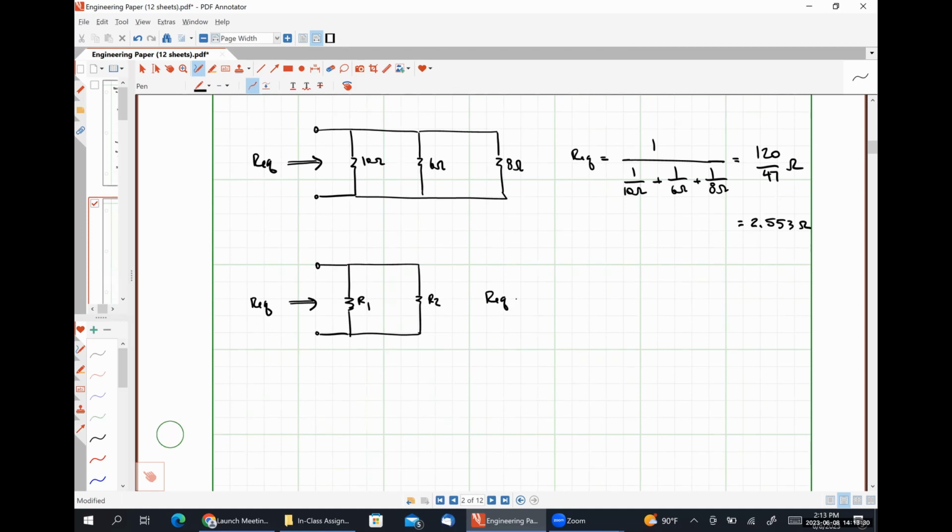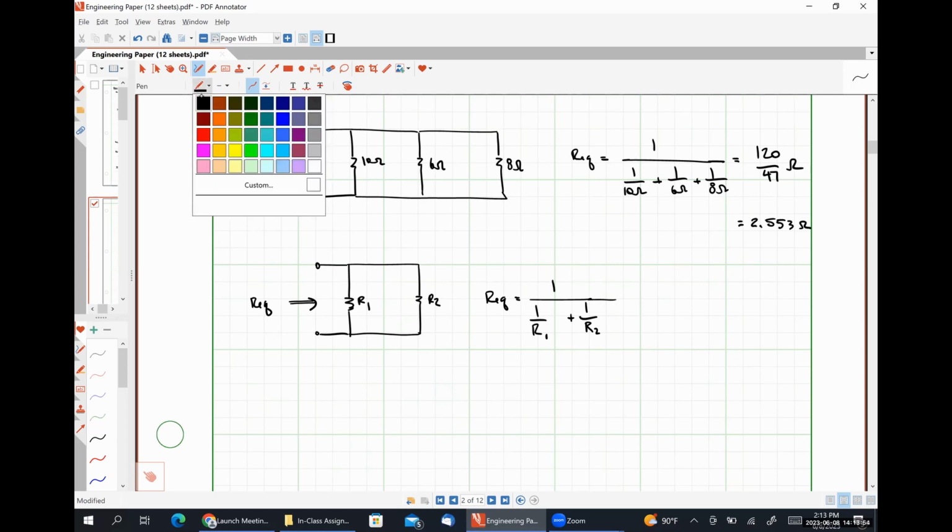So our equivalent resistance should be 1 over 1 over R1 plus 1 over R2. There's nothing wrong with this formulation. However, I am lazy and I know that there is a more efficient way to look at this.